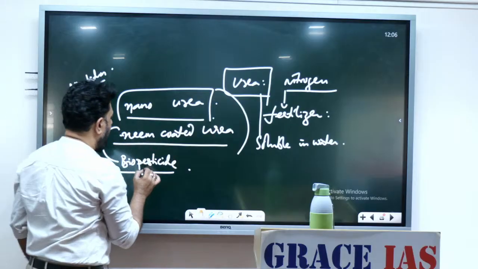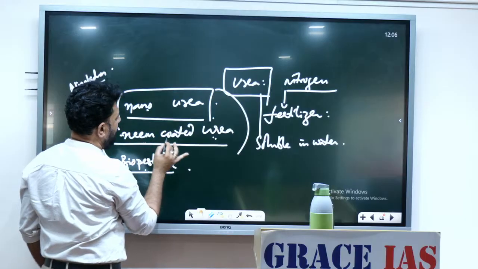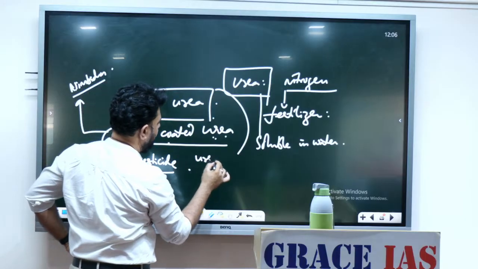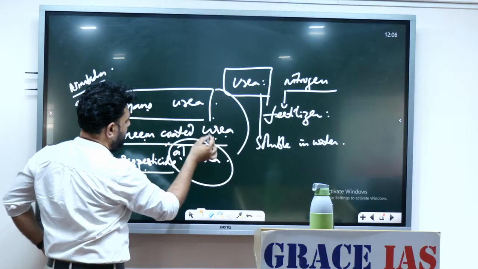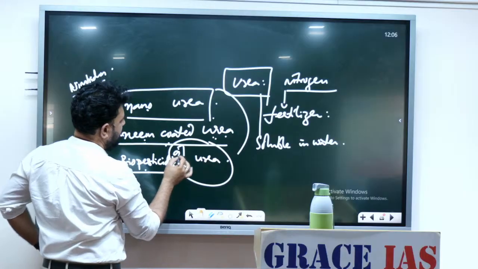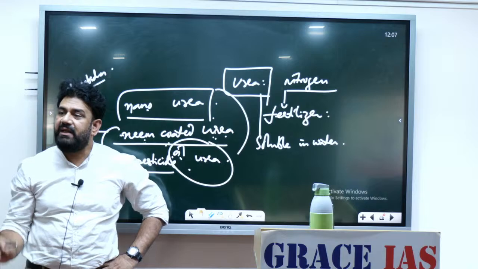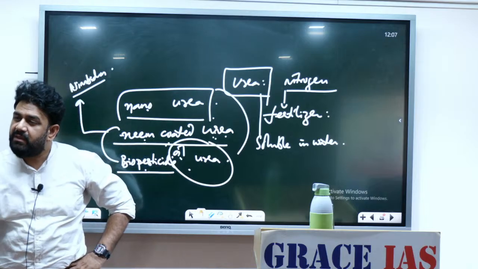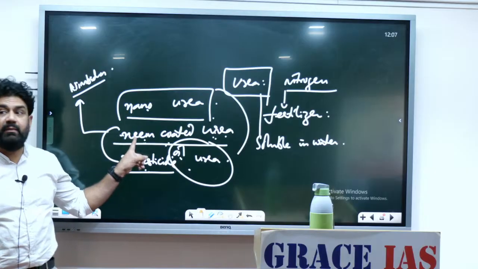And if you coat the urea with neem oil, oil coating doesn't let the urea dissolve in the water immediately, so urea dissolves in the water slowly because of the oil coating. What is that oil? Neem oil.